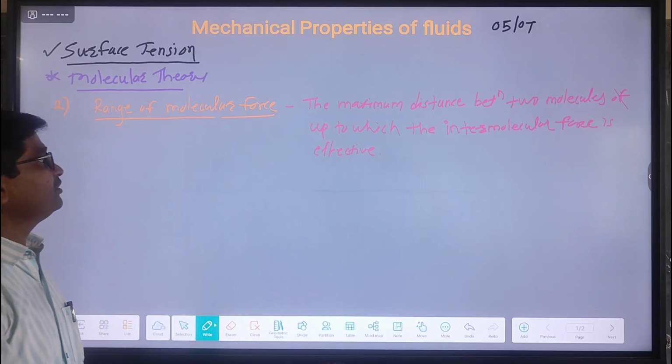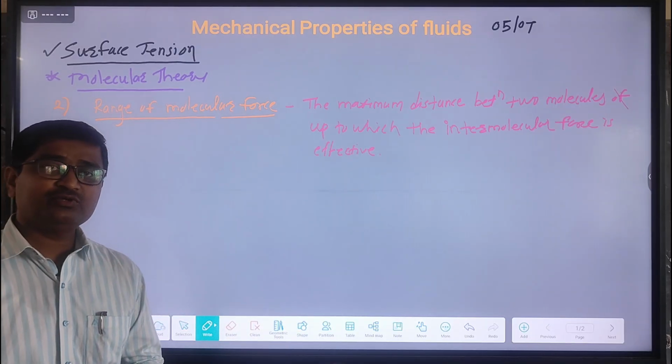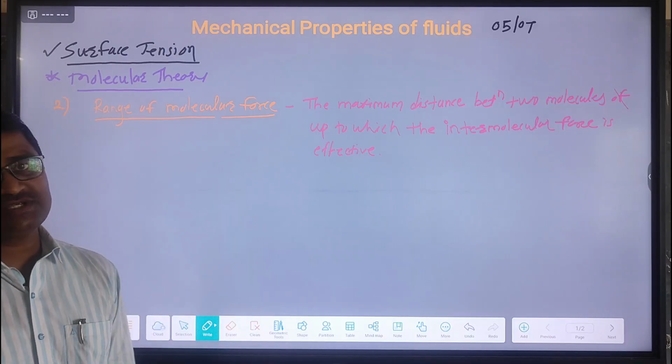What is meant by range of molecular force? The maximum distance between two molecules up to which the intermolecular force is effective.